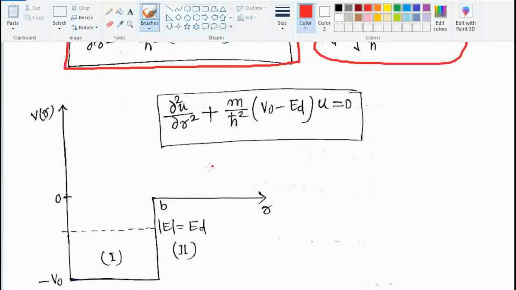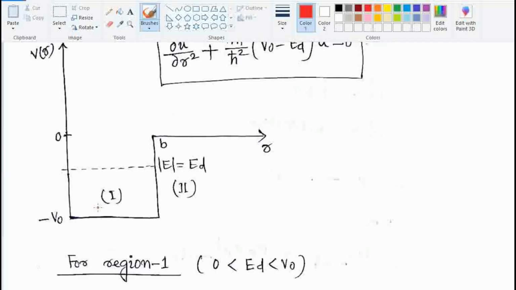Now you can find the expression of the wave function in the two regions. One region is inside the potential well, another region is outside the potential well. And you are noticing that here I have given a mod sign, because the energy of the neutron is negative, so that's why it is positive here.